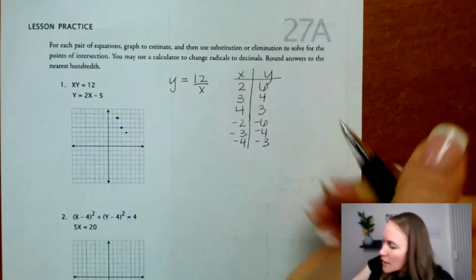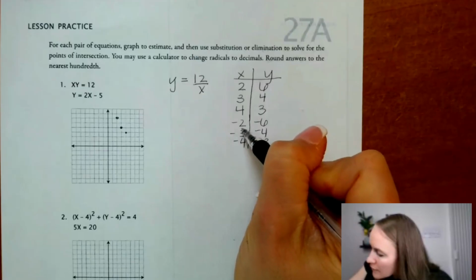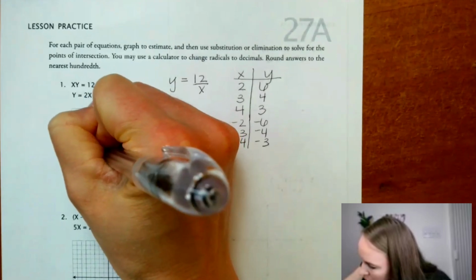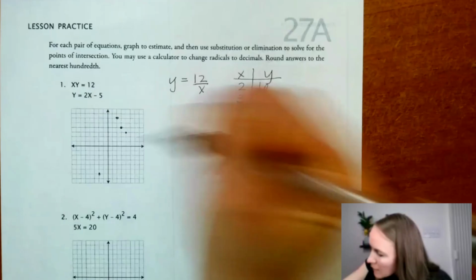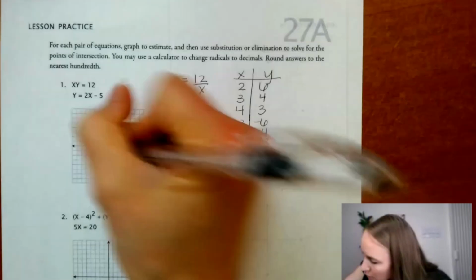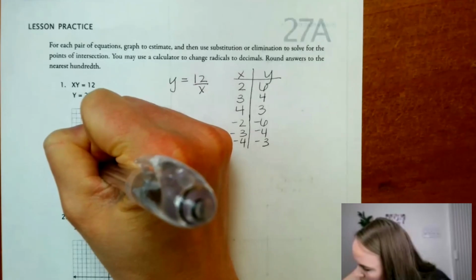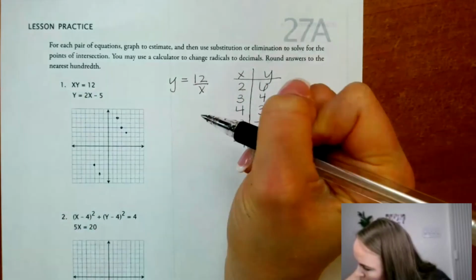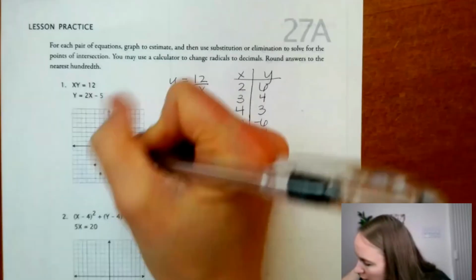Okay, that looks good. And then I also have -2, -6. And then I have -3, -4. Right, just double checking. -4, -3.